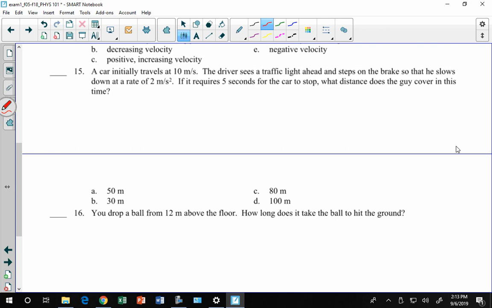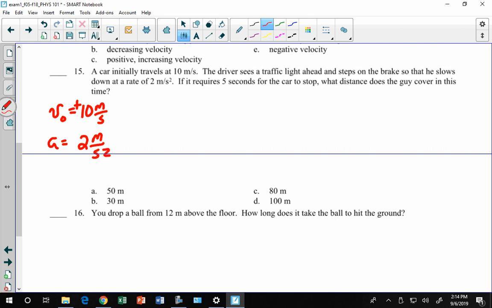A car initially travels at 10 meters per second. I read that and I think right away, okay, initially, that's my initial velocity. So that's 10 meters per second. The driver sees a traffic light ahead and steps on the brake, so he slows down at a rate of 2 meters per second squared. So A is equal to 2 meters per second squared. But I need to take into account that he's traveling in the positive direction with V naught.